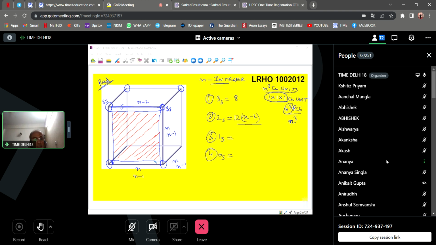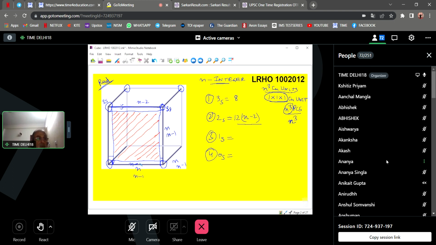Total is n on this edge, n minus 1, because there's one layer I'm leaving. So this length is n minus 1 minus 1, n minus 2.